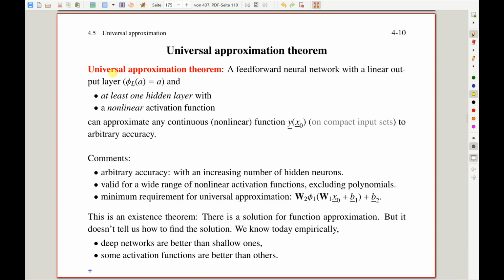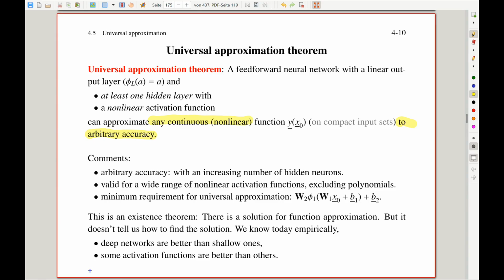It tells us that a feed-forward neural network with a linear output layer, which means again we don't apply any activation function in the final output layer, containing at least one hidden layer, and this one hidden layer should have a nonlinear activation function, can approximate any continuous nonlinear function to arbitrary accuracy. It's very simple, but it's a very impressive result.